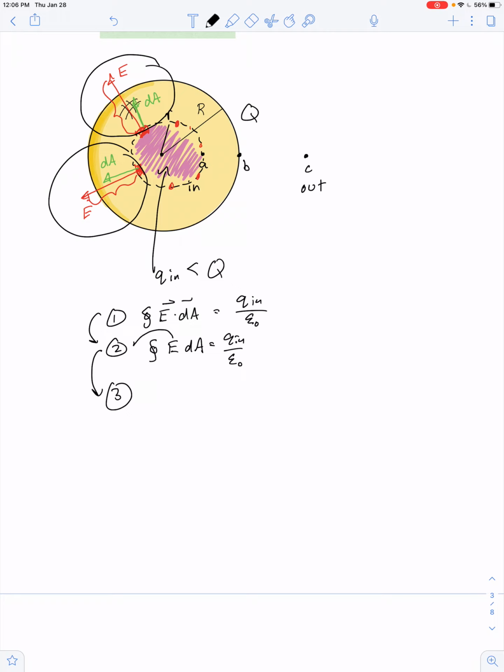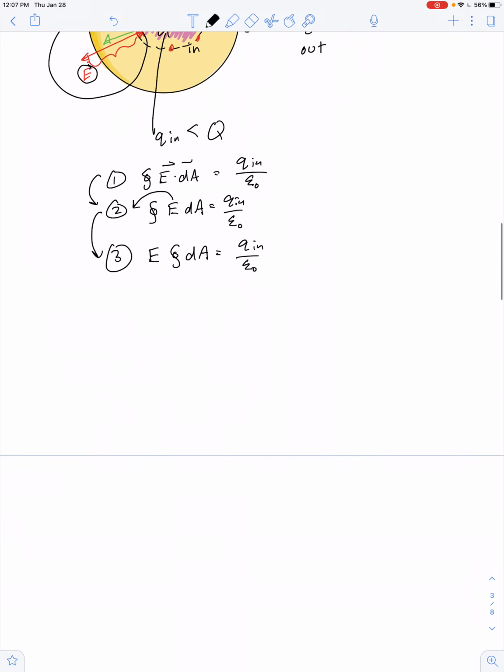As an example, pulling the E out of the integral sign. That's not a trivial matter. We can only do that if we recognize that the length of these electric field vectors is the same everywhere. Of course, now we just mean what is the total area of our chosen Gaussian surface, which is a sphere of radius lowercase r.